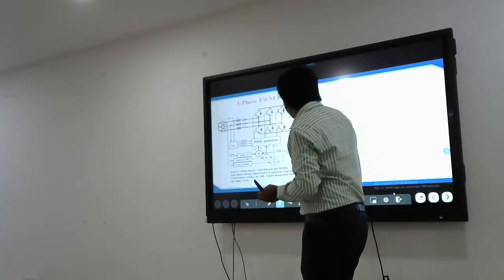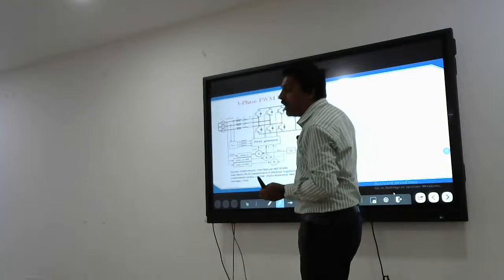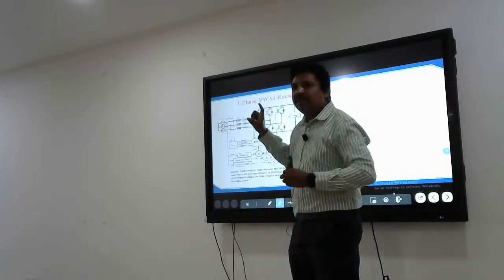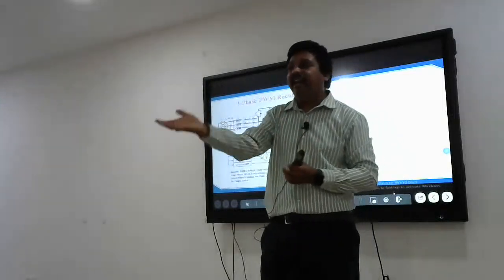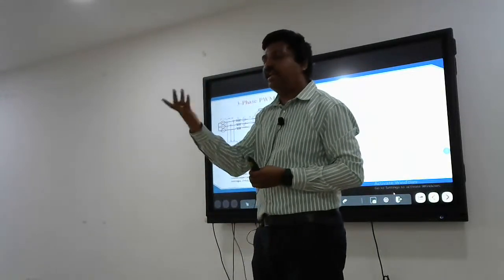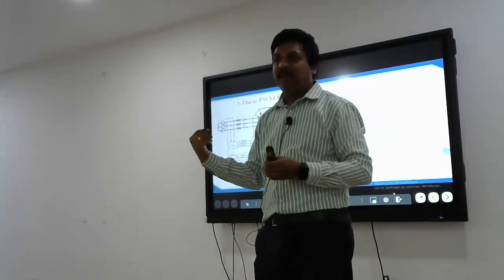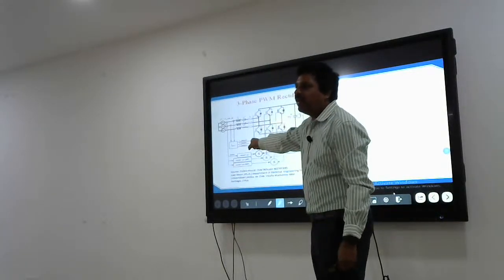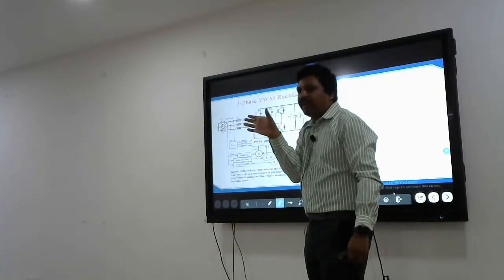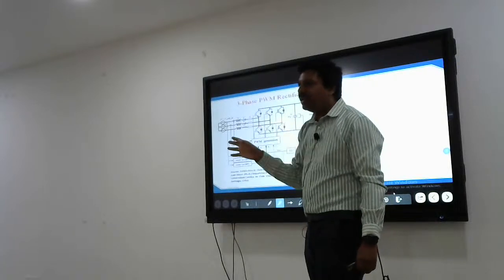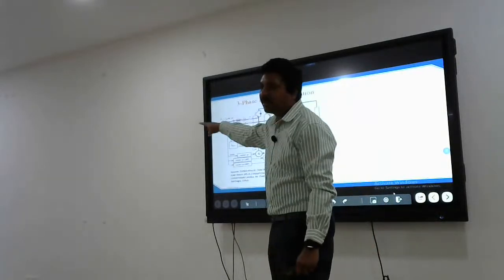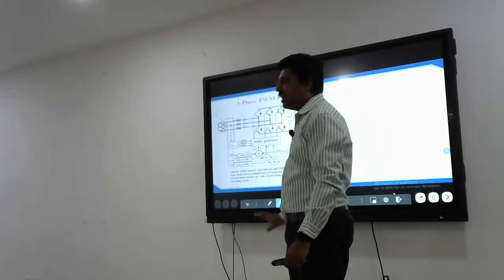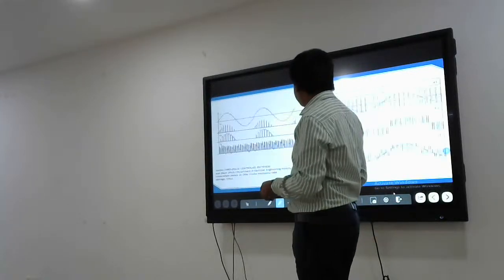Or you can have a PV followed by a boost converter. The same concept is valid for grid integration. If we vary the inverter modulation index and the phase shift of the PWM, then we can inject reactive power or active power into the grid.